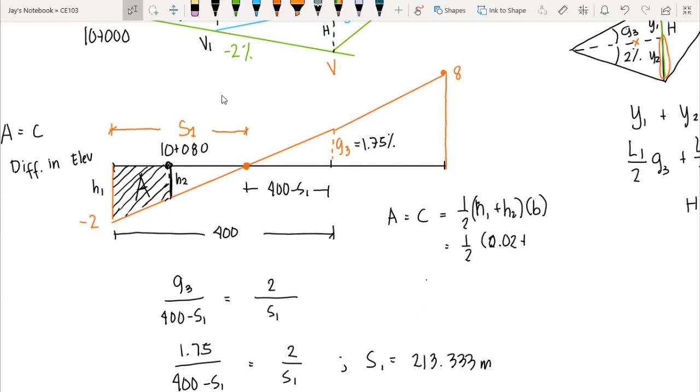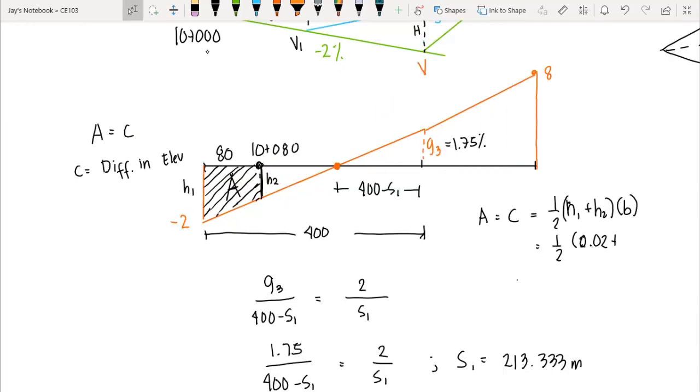apply ratio and proportion. If this is our 80 meters, therefore this distance here is equal to 213.333 minus 80. And that is equal to 133.333.